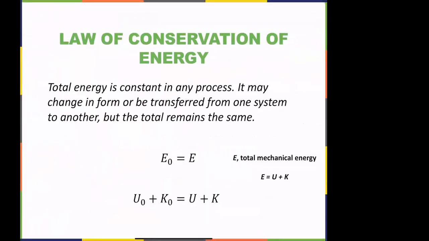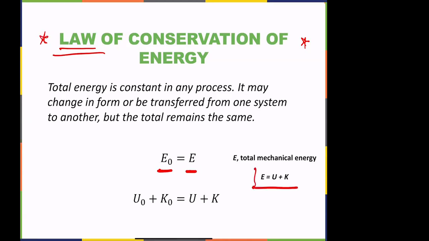And this gives us the law of conservation of energy. It's a law that means it holds true everywhere. It's always true in every sense. And this tells us the total energy at the beginning equals the total energy at the end. Whatever energy you have to start is going to be your final energy value.